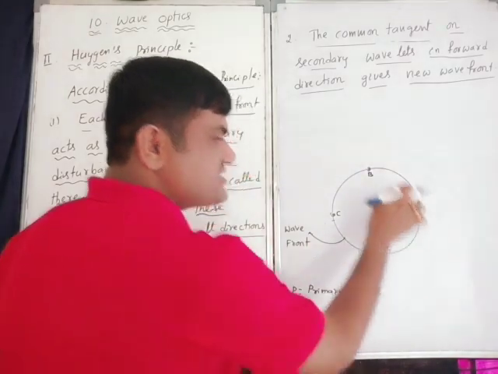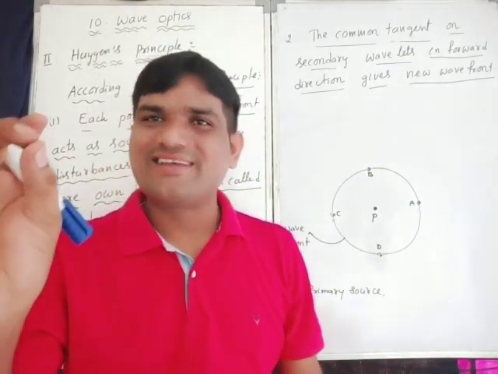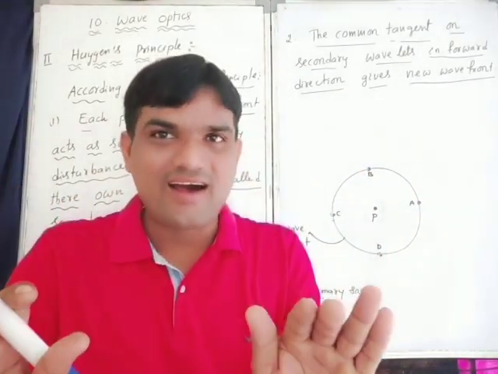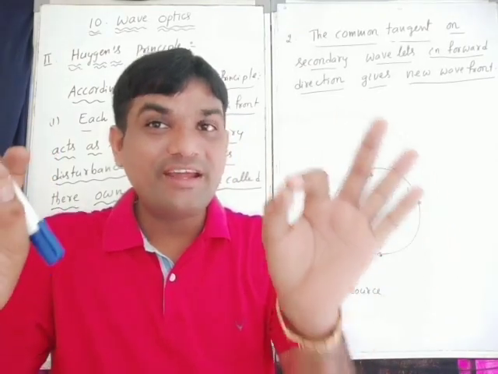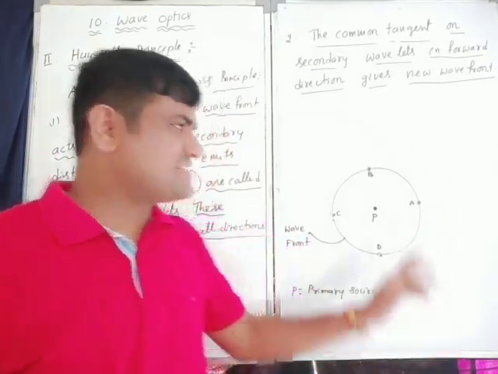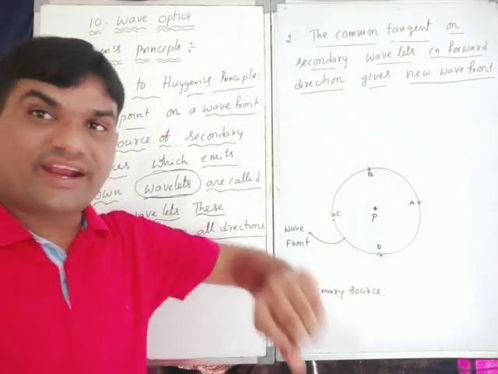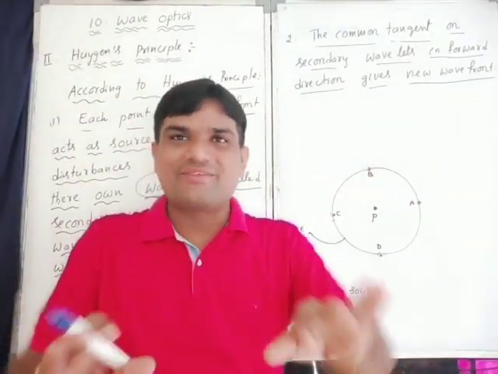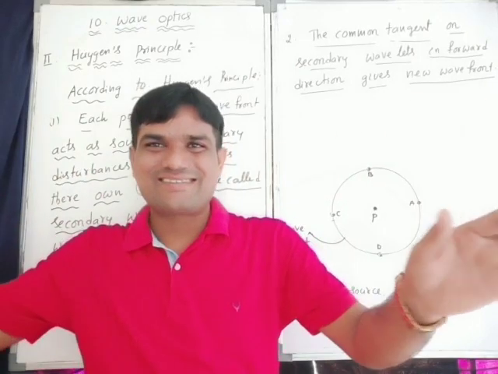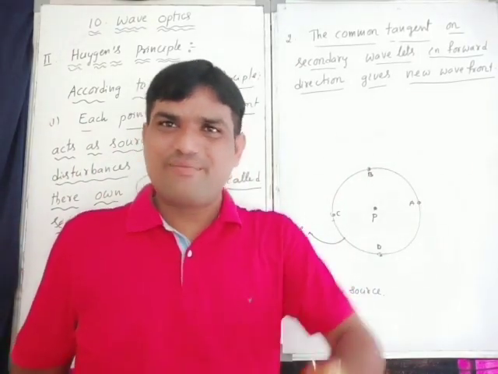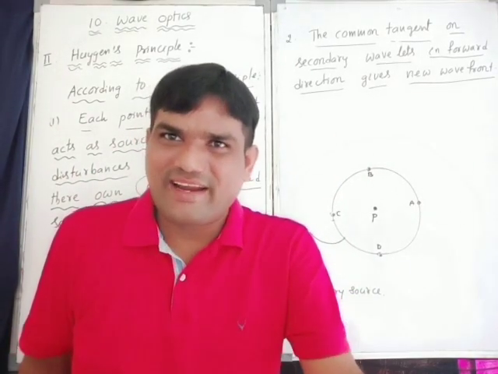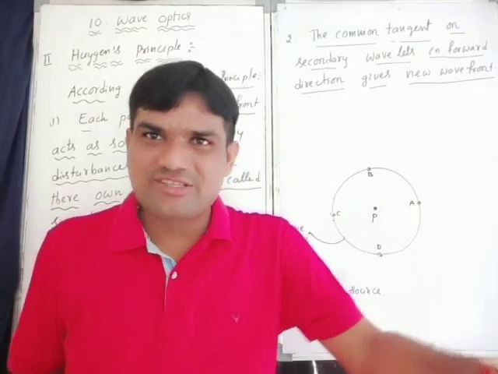These are all secondary disturbances on the primary wavefront. Secondary disturbance will again give waves. It will again give us wave disturbance. The disturbance in the medium is known as wave.